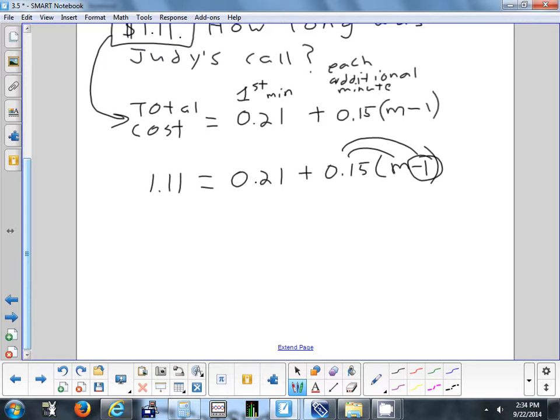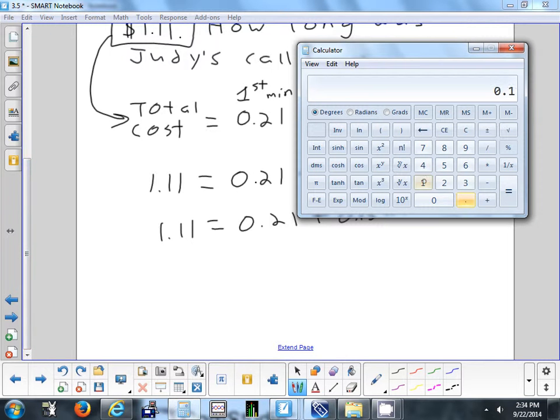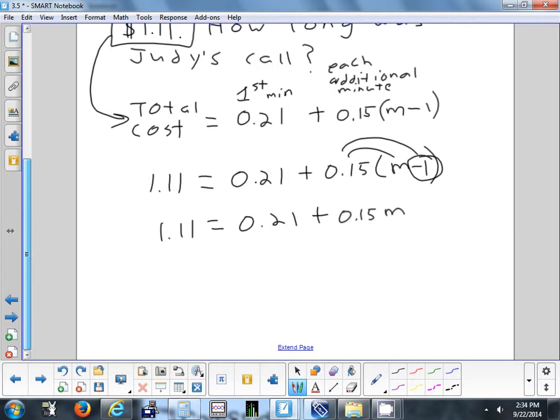First thing you have to do is your distributive property. What's 0.15 times m? 0.15 times m gives me 0.15m. 0.15 times -1. If you're not sure, use your calculator. -0.15.